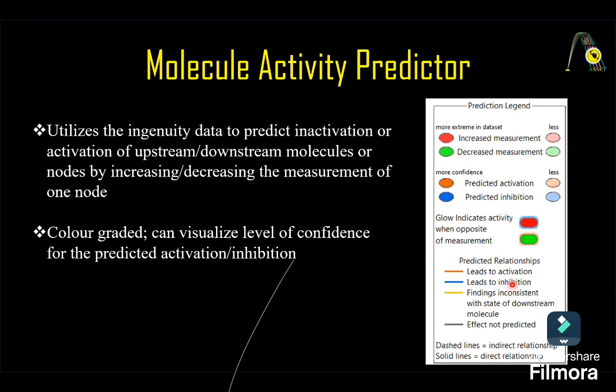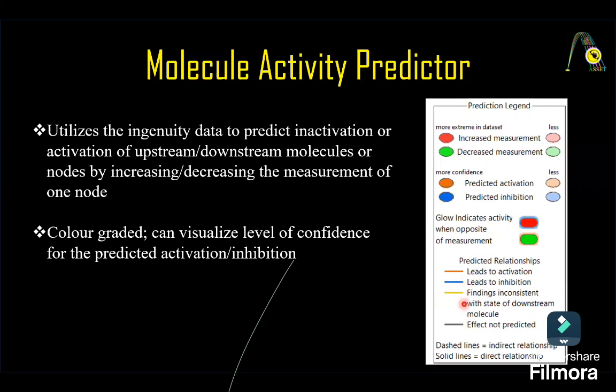The different lines that connect the different nodes, so the different relationships, the color of that line denotes a certain thing, right? If it is leading to activation, then the line will appear as an orange line. If it is leading to an inhibition, if you increase or decrease the measurements, it appears as blue.